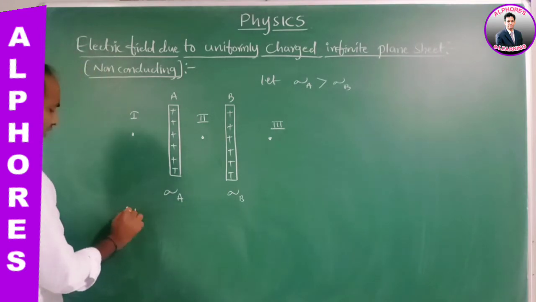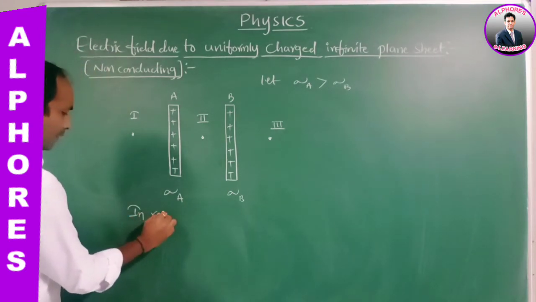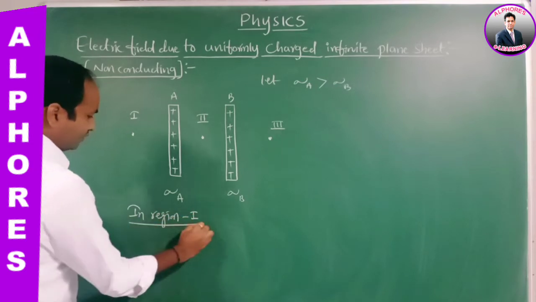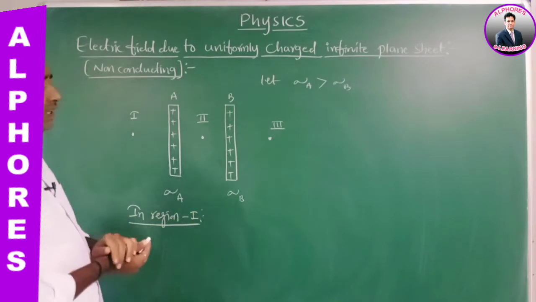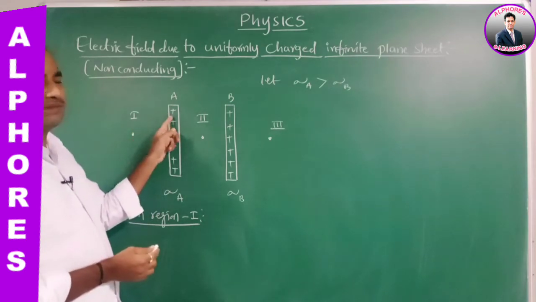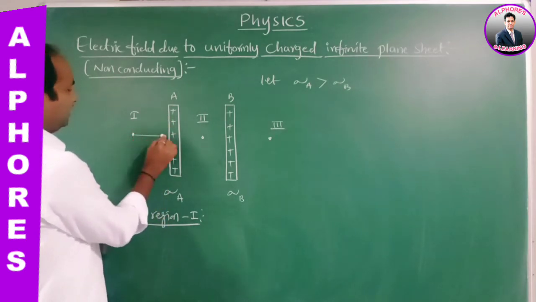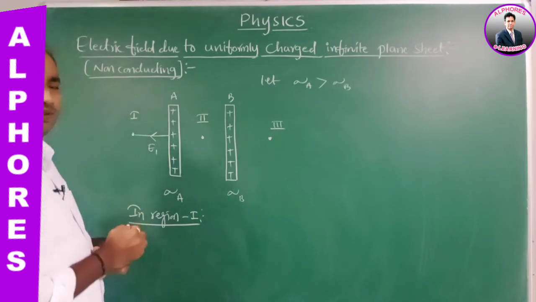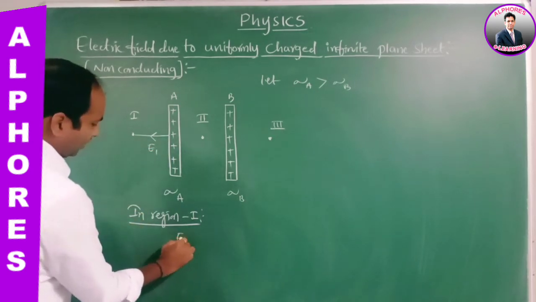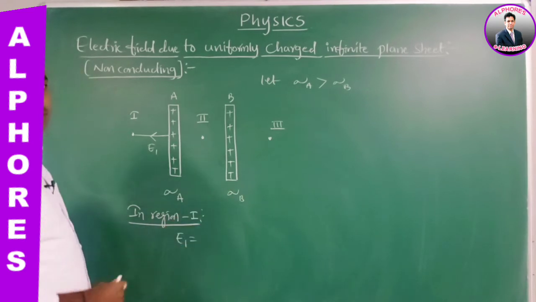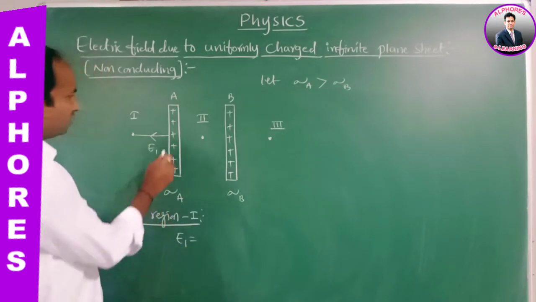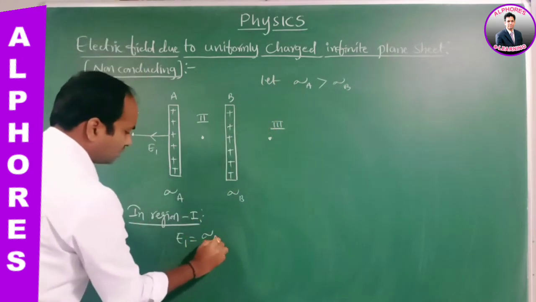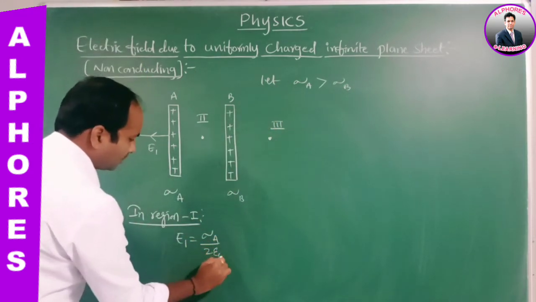In region 1, first of all, what is the electric field intensity due to the first plate, plate A? It is radially outwards. This is the direction of E1. E1 is equal to, as we already proved, sigma by 2 epsilon naught, but here the surface charge density is sigma A. So we write sigma A by 2 epsilon naught.